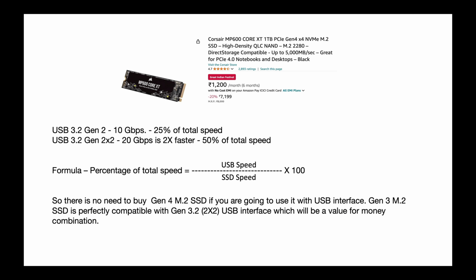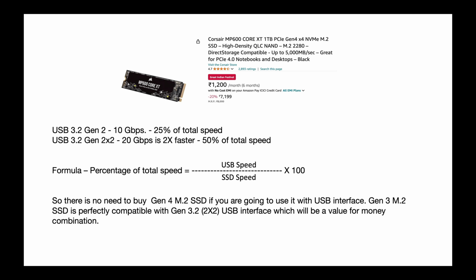In this example, I have considered the fastest SSD, which is Gen 4 with 4 lanes. The company claimed its speed up to 4 gigabytes per second. So, if you are using USB 3.2 Gen 2, then you are only able to achieve 25% of the speed which the company claimed.